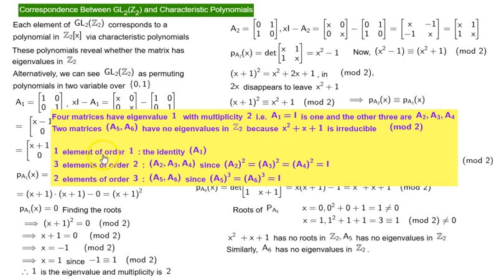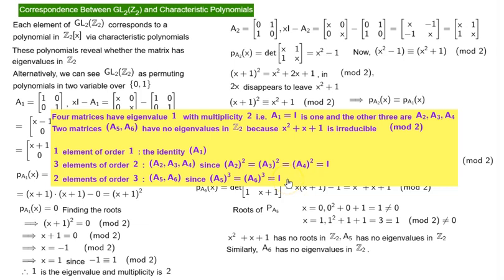So we have one element of order 1 in GL2 Z2, that is the identity. 3 elements of order 2, that is A2, A3, A4, since A2 squared is equal to A3 squared is equal to A4 squared is equal to I. And we have 2 elements of order 3, that is A5 and A6, since A5 cubed is equal to A6 cubed is equal to I.